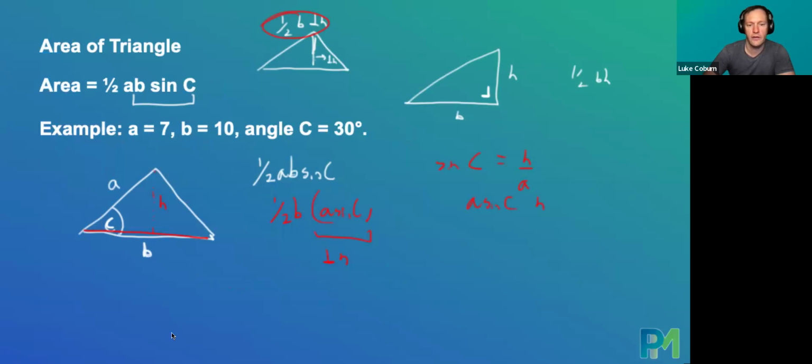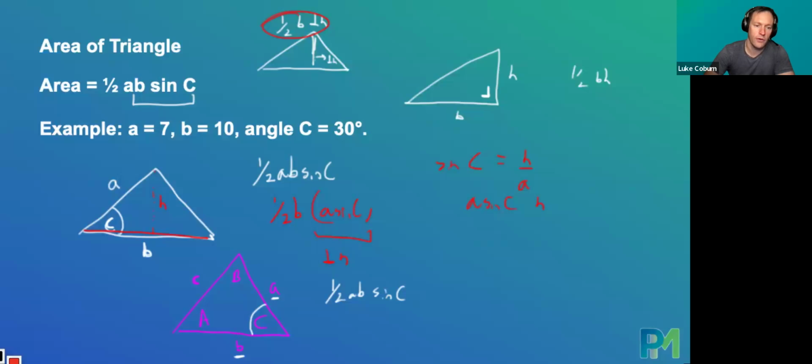So now if I have a triangle like this, and let's put in angle A, side A, angle B, side B, angle C, side C. Okay, so let's write down a half AB sine C.